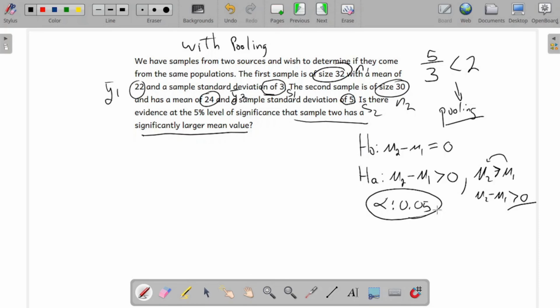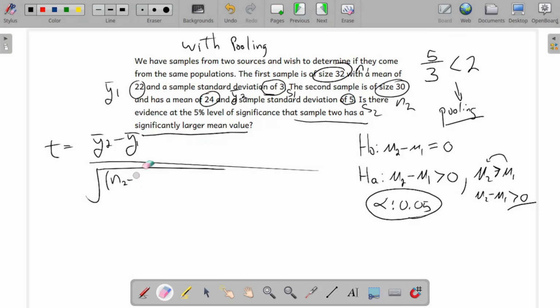Now, since this is pooling, we do have a fairly lengthy computation. Formula is, we're going to go y bar 2 minus y bar 1. But we've got two square roots to deal with. First one is n2 minus 1, and we're going to have standard deviation 2 squared.